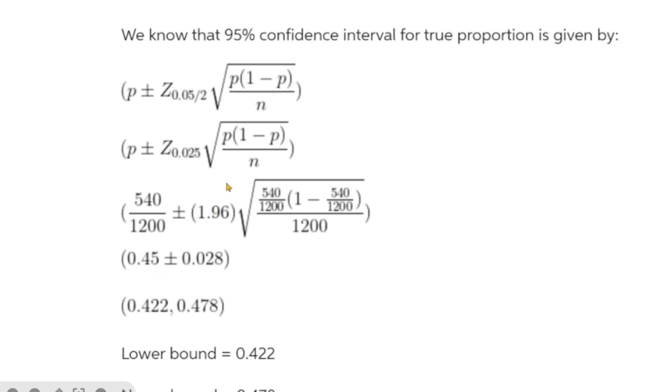What is the z coefficient from the table? 1.96. What is the probability of success? You substitute. Then you get the lower boundary and the upper boundary. So from this confidence interval, it means we are 95% confident that the population mean lies between 0.422 and 0.478.